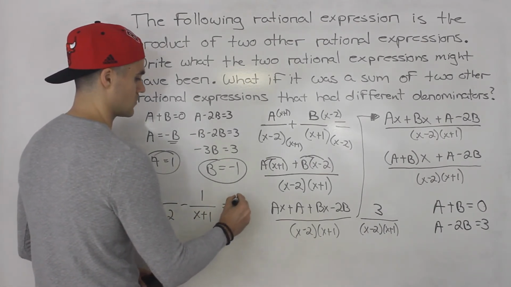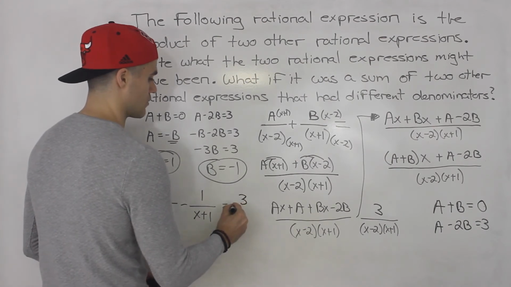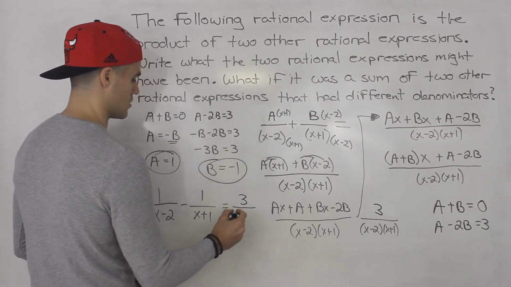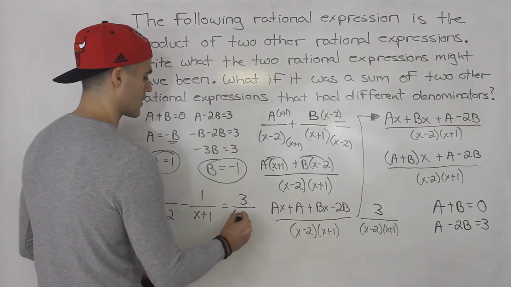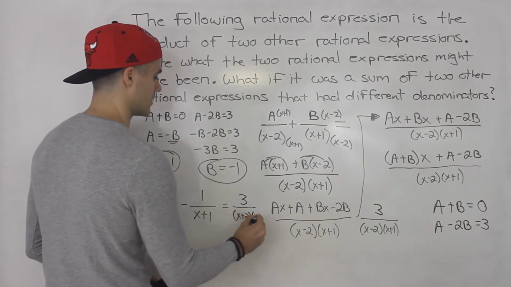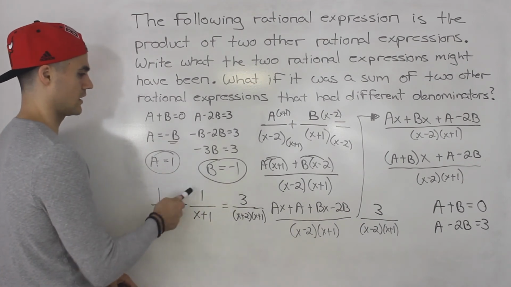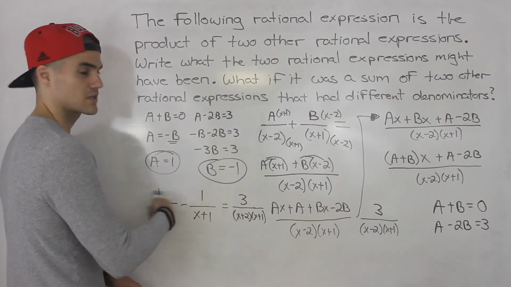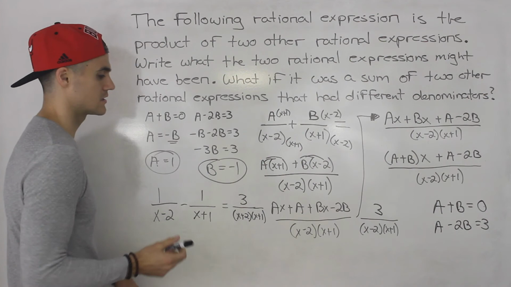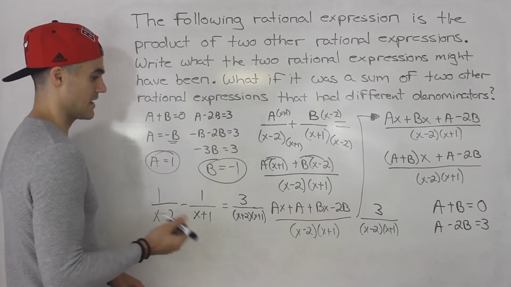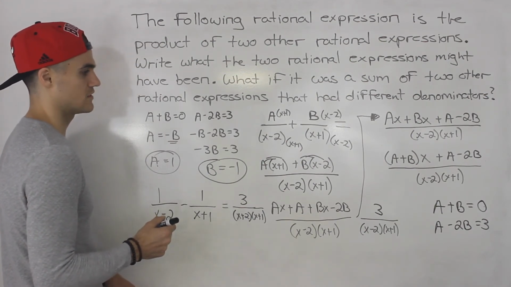And that has to equal 3 over x minus 2, x plus 1. And these are pretty nice answers, 1 and negative 1, but they're not always going to be 1. They could be any constant. But yeah, that's how you do it for the sum.